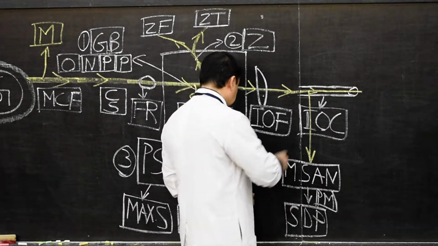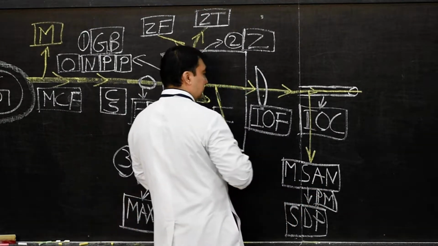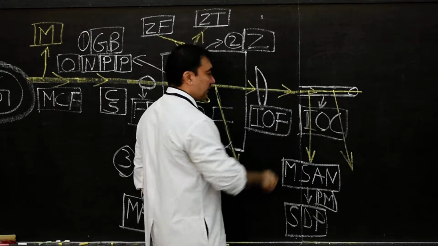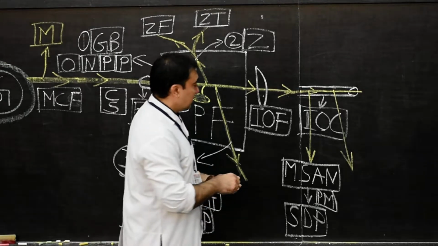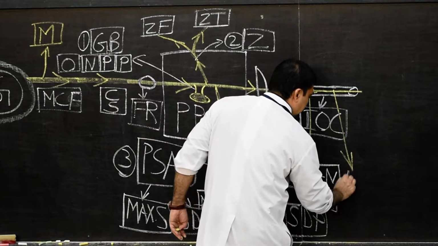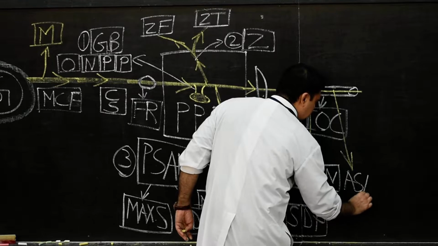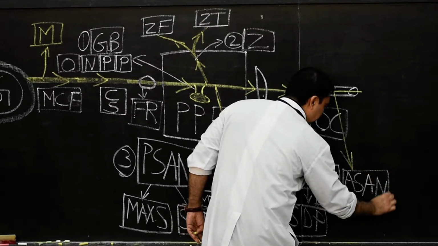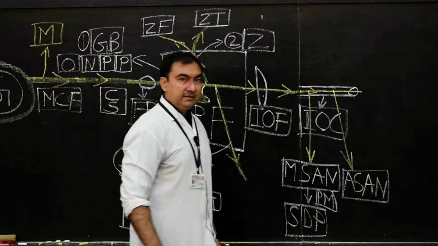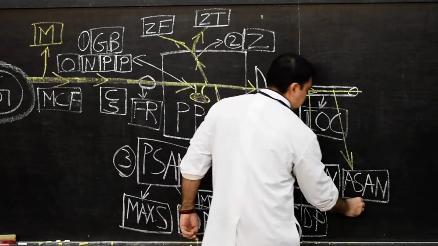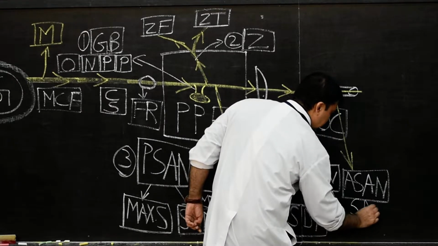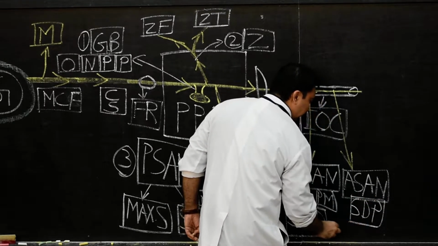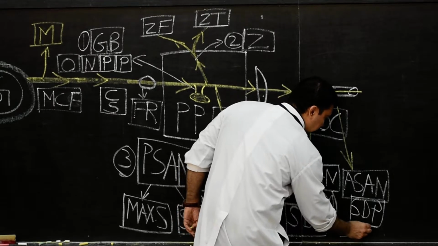Then the second branch from the maxillary nerve in the infraorbital canal will be known as the anterior superior alveolar nerve. Same way, superior dental plexus, and this superior dental plexus will supply the incisors and canine.